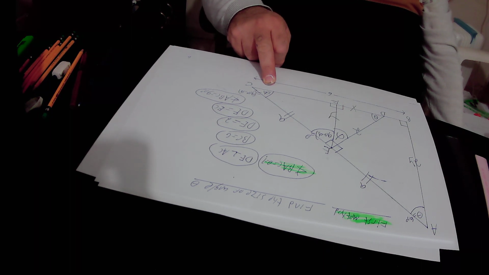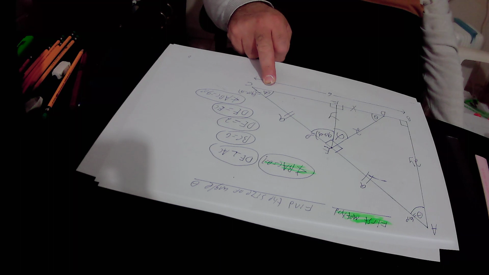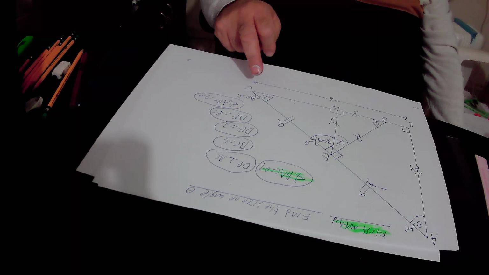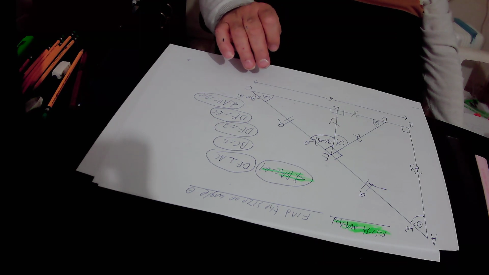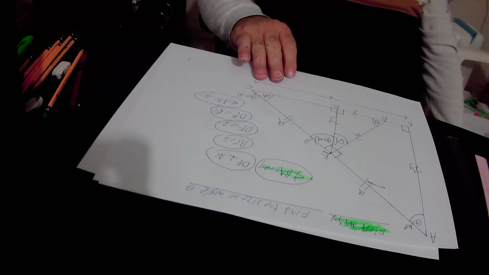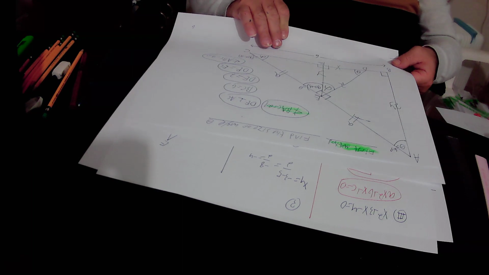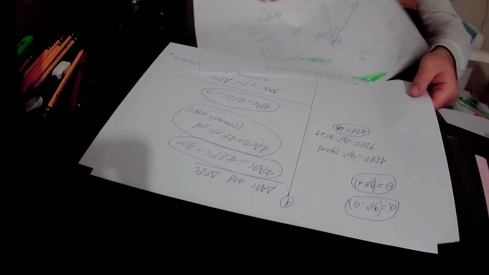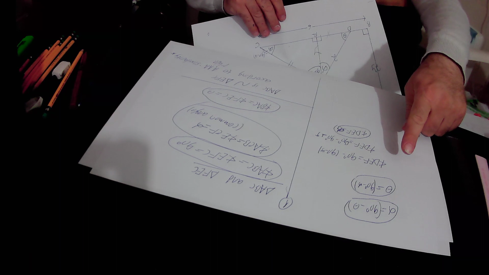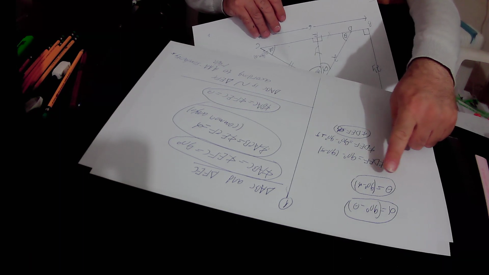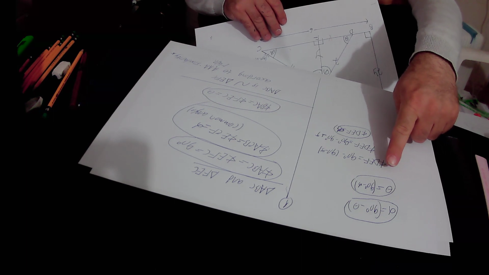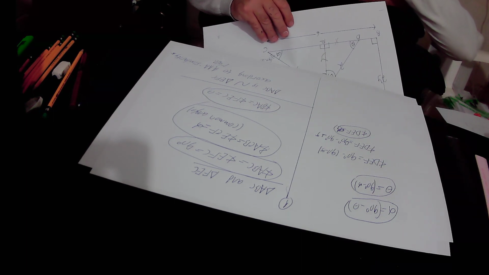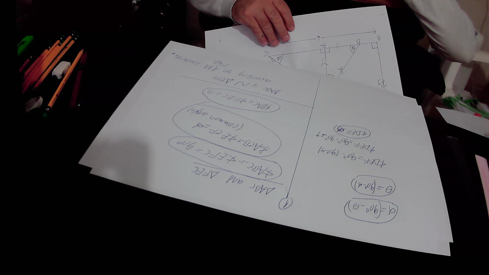Therefore, alpha equals 90 degrees minus theta. If we add theta and subtract alpha in this equation, we get that theta is equal to 90 degrees minus alpha. Then we have angle DEF.